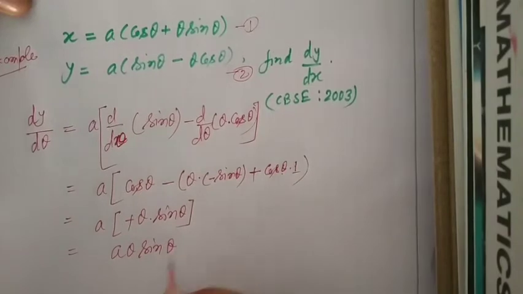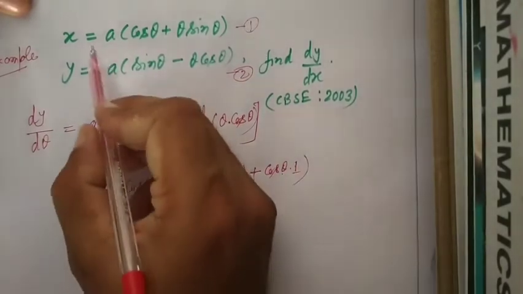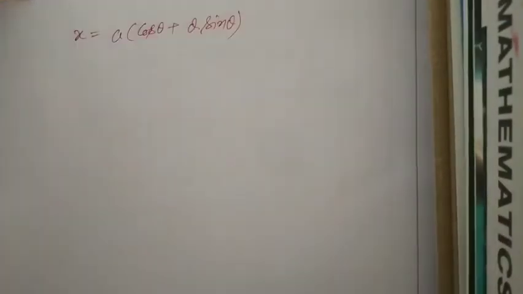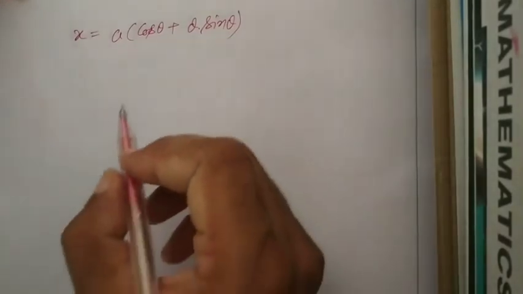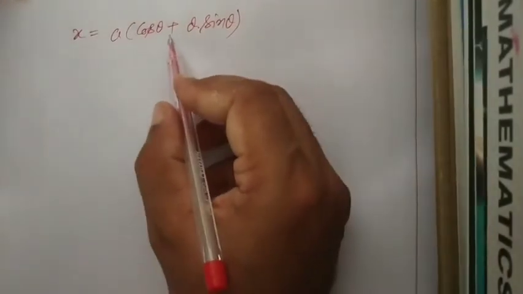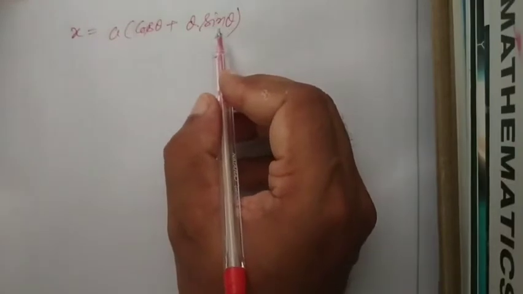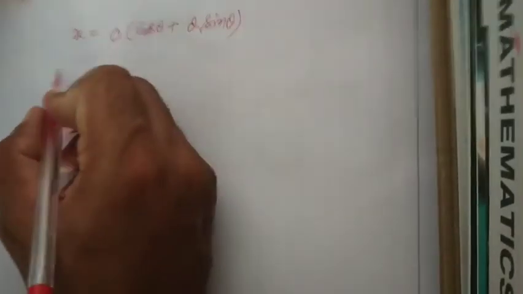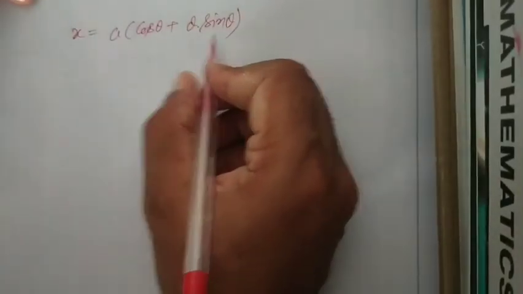Similarly, we are also going to calculate the derivative of x with respect to theta. So x is given as a times cos theta plus theta sine theta, and we have to differentiate with respect to theta.